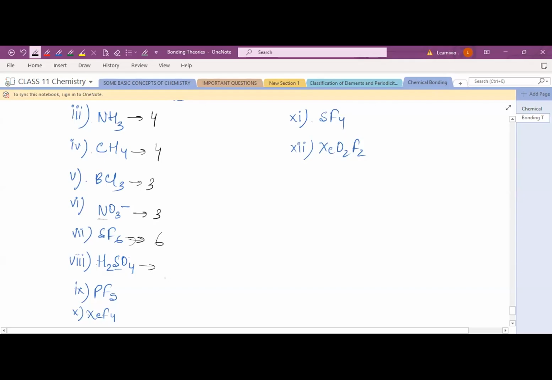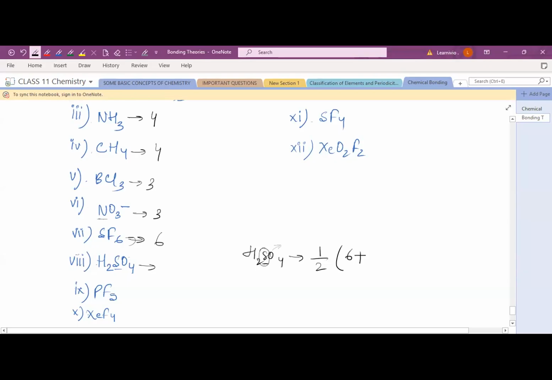And H2SO4 is 4, Zainab. 5. It's not 5. See, H2SO4 is 4. So sulfur is the central atom, right? So 1 upon 2. What is the valence electron of sulfur? 6. Plus, tell me how many monovalent surrounding atoms are there.